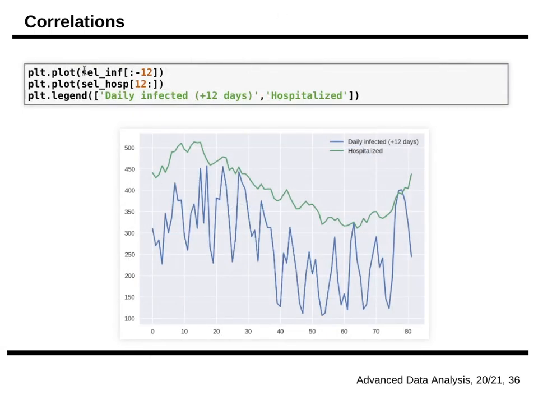We can plot the newly infected ones, removing the last 12 because they go out of the plot, and we plot the hospitalization removing the first 12 here, so you get them lined up with this 12-day shift, and we can see that now the trends parallel.